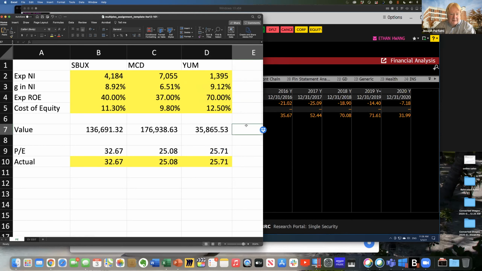And then from here, it would just be a combination of premium or discount. And so that would be the point.